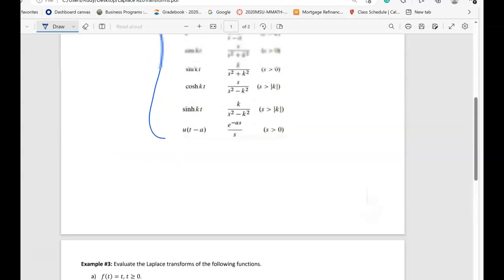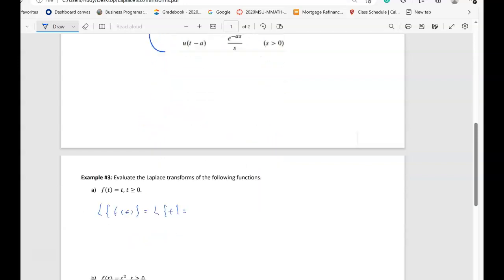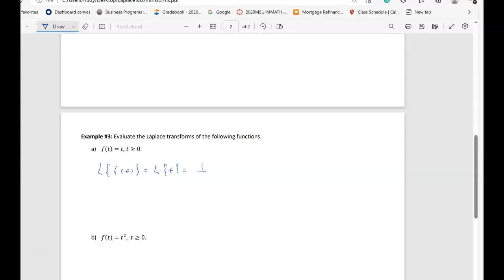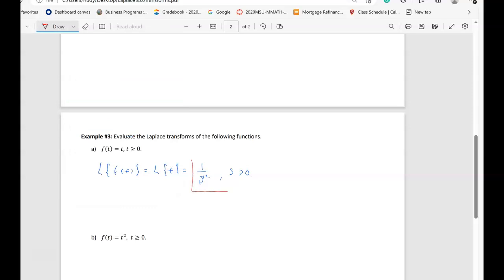And then the formula for t is technically 1 over s squared for s greater than 0. So this one is just 1 over s squared for s greater than 0. And that's it. So we're pretty much using the shortcut for the evaluation. Let me fix the s.